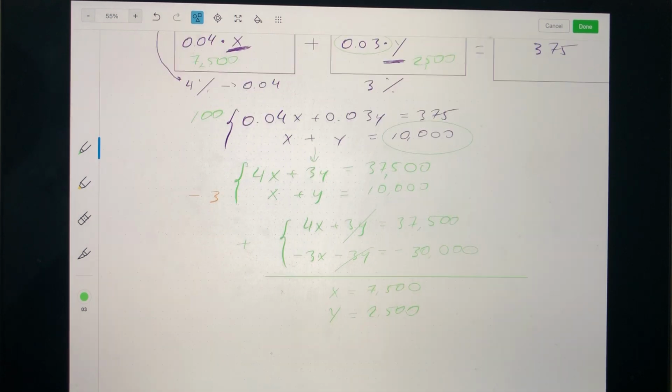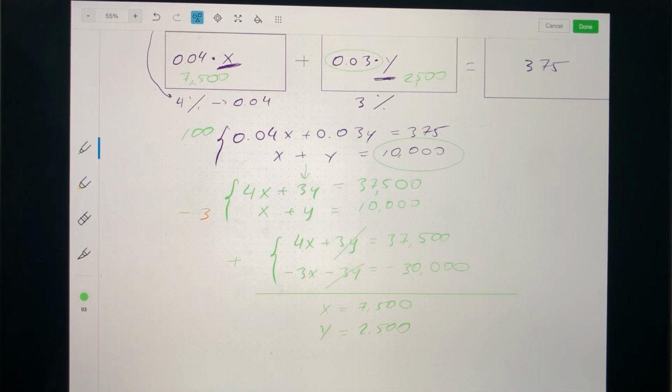So our final answer is we invest 7,500 into the 4% account and invest 2,500 into the 3% account.